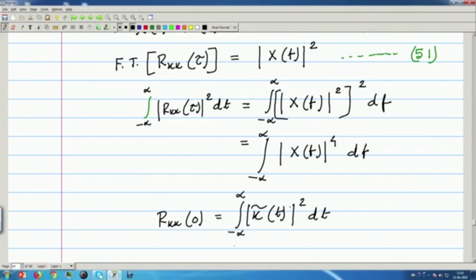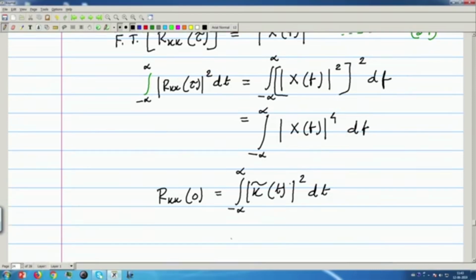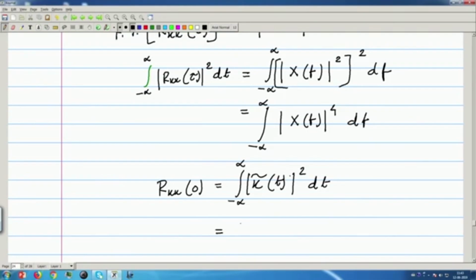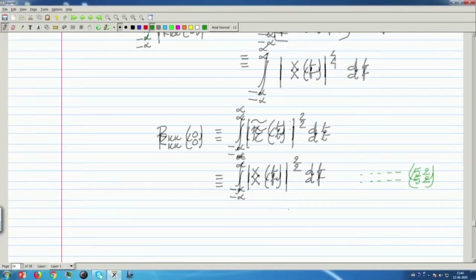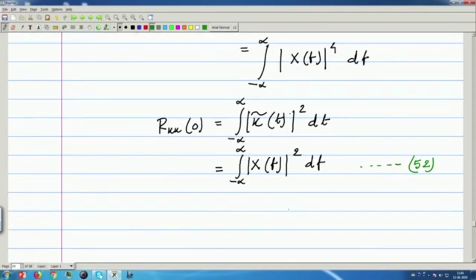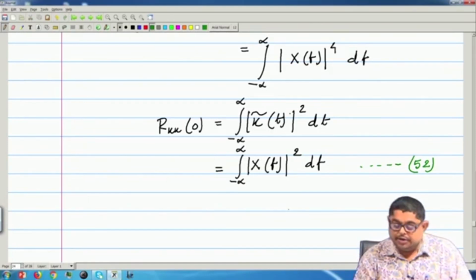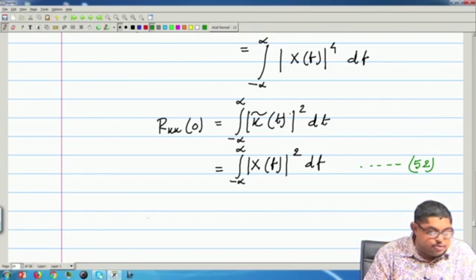And by Parseval's theorem, and also knowledge of the complex envelope, this can be said as the integral of x f square d f. Let me call this equation 52. So, 51 and 52 are the Fourier domain expressions for the numerator and denominator of the delay resolution constant.